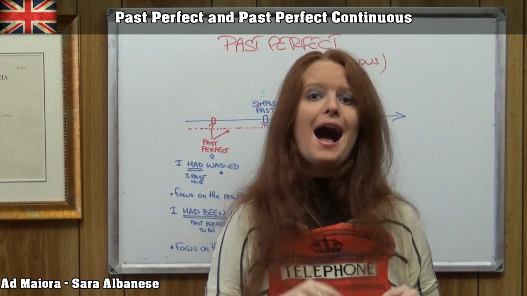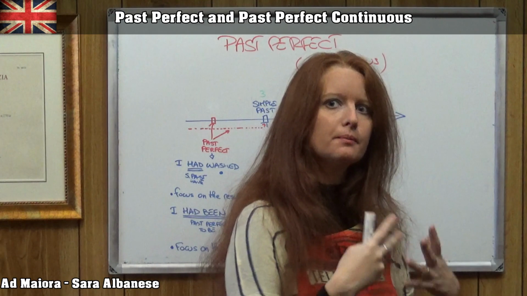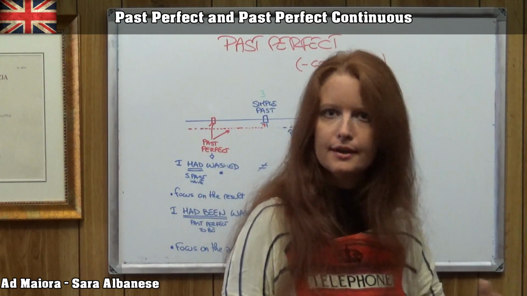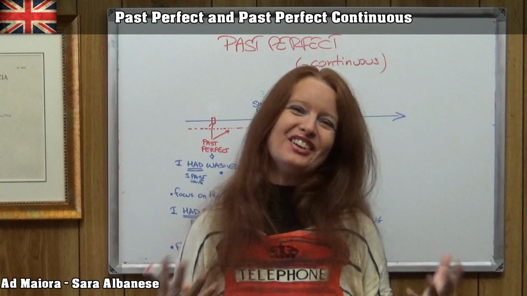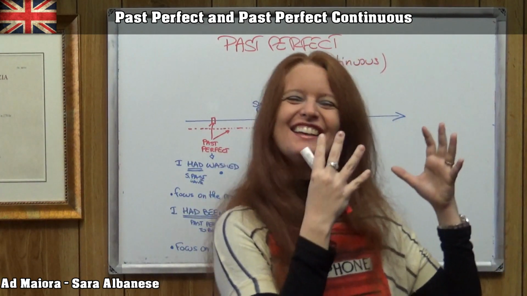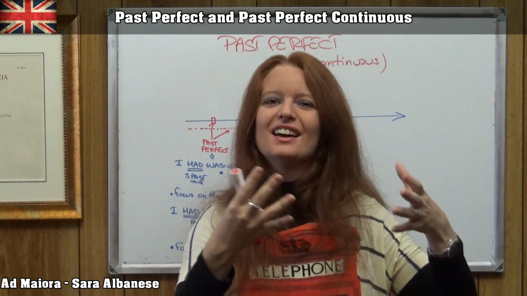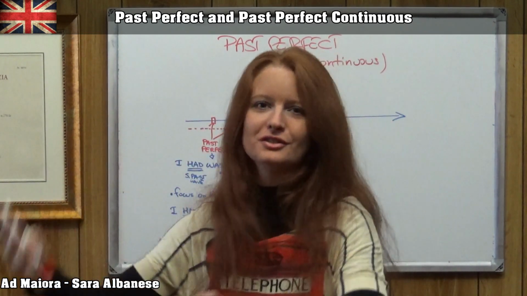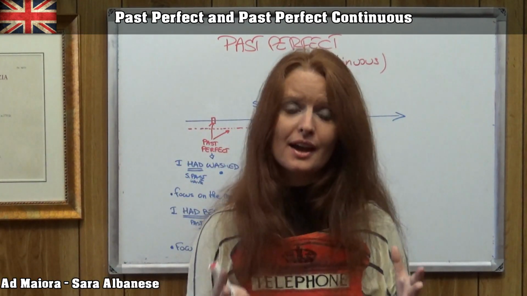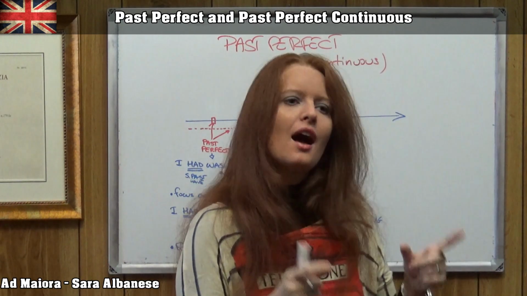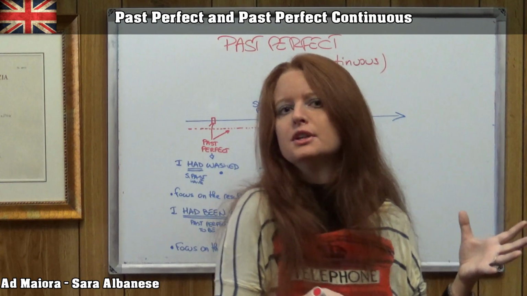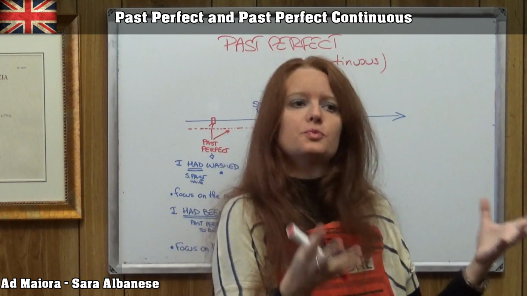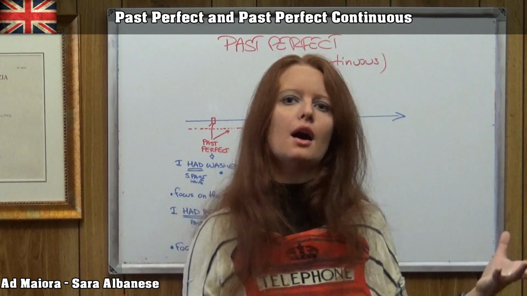So I could say, I had been washing my car for 4 years, sorry, it's too much, for 4 hours, before my girlfriend arrived, or whatever. Okay, so in that case, I'm not really focusing on the action that was concluded, and the car was probably clean when she arrived.